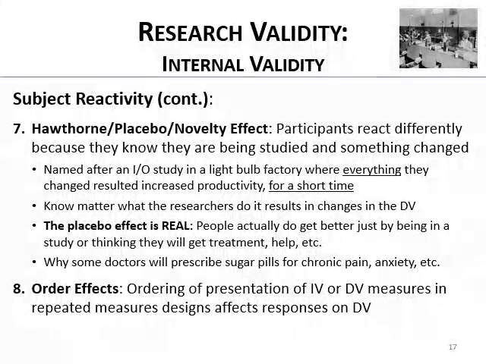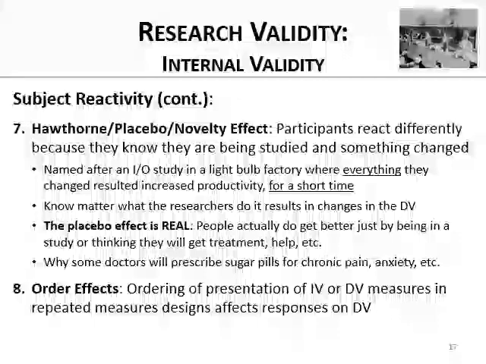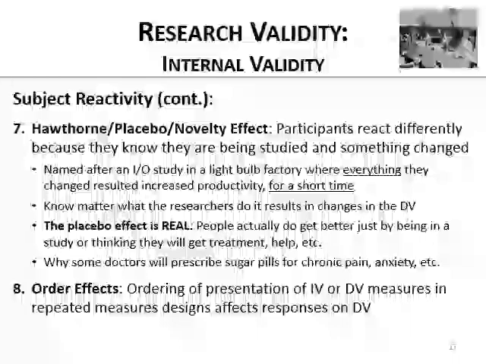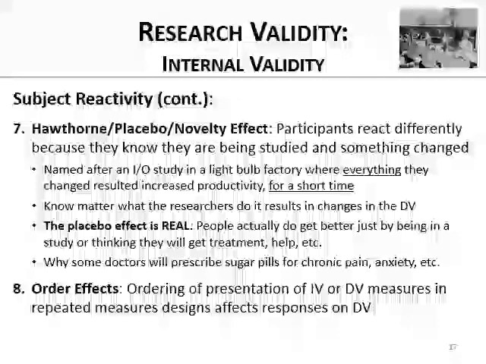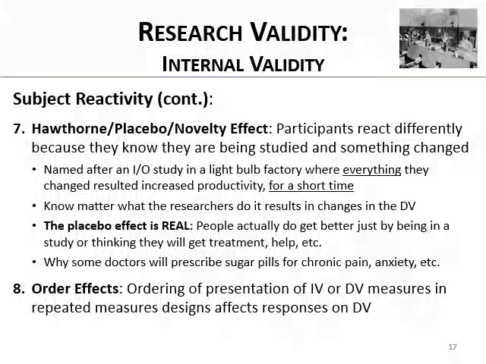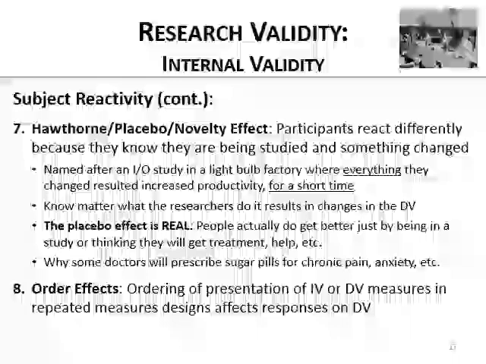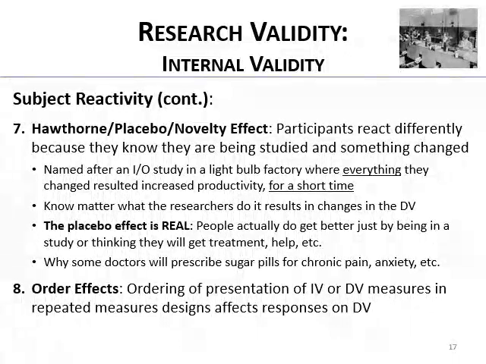So then we have order effects, and order effects are a problem in studies where you have multiple independent measures or multiple dependent measures. In particular, in repeated measures designs, they can affect responses to the dependent variable. Repeated measures designs, again, are where you have the same people in the different levels of your independent variable.